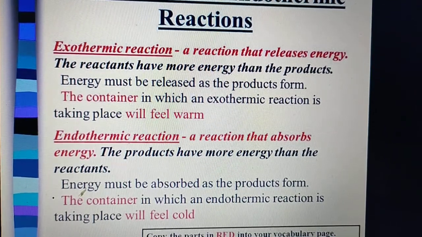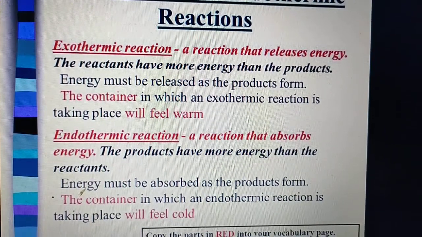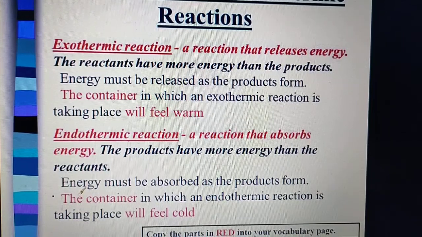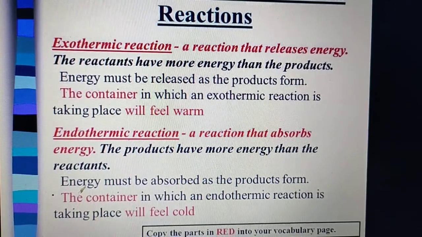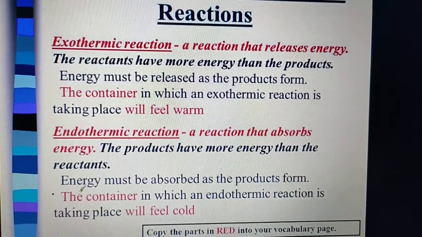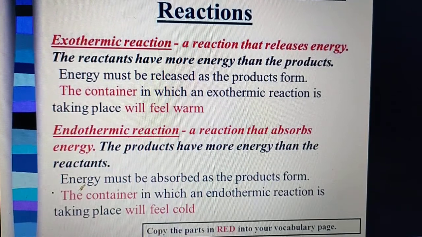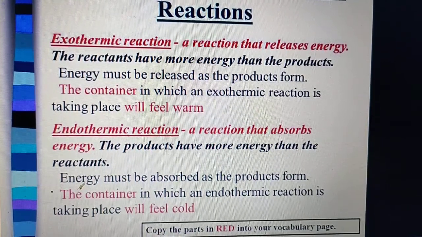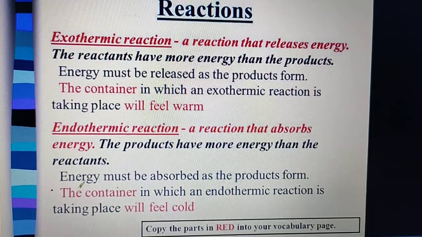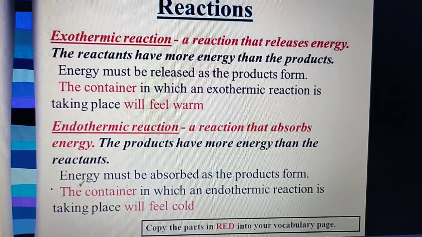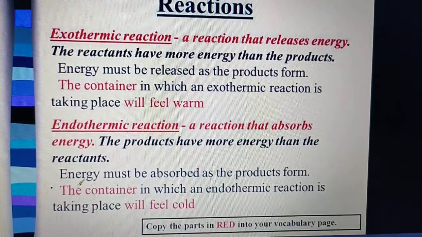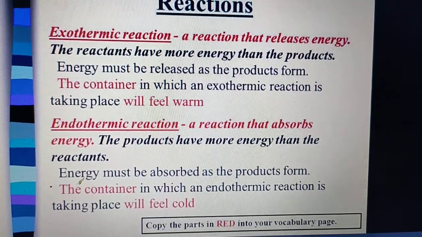If you write energy on the right hand side, the product side, that means energy is evolved, given out by the reaction. And if you write reactants plus energy gives products, that means energy is absorbed, taken in by the reaction.